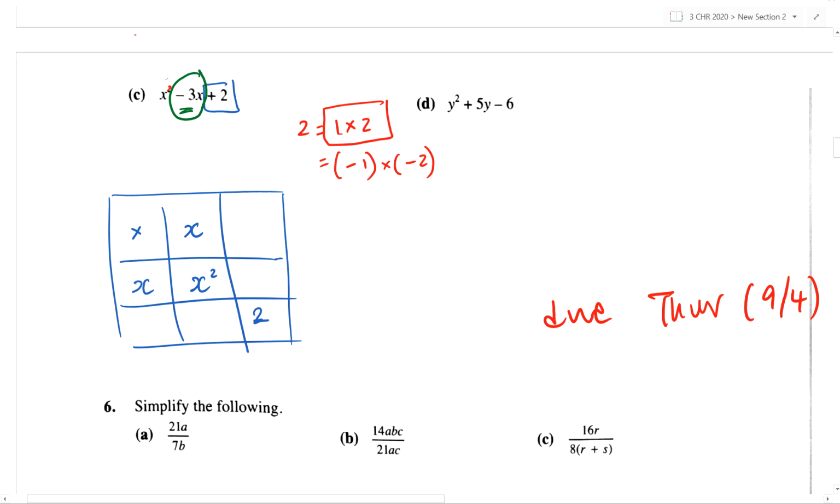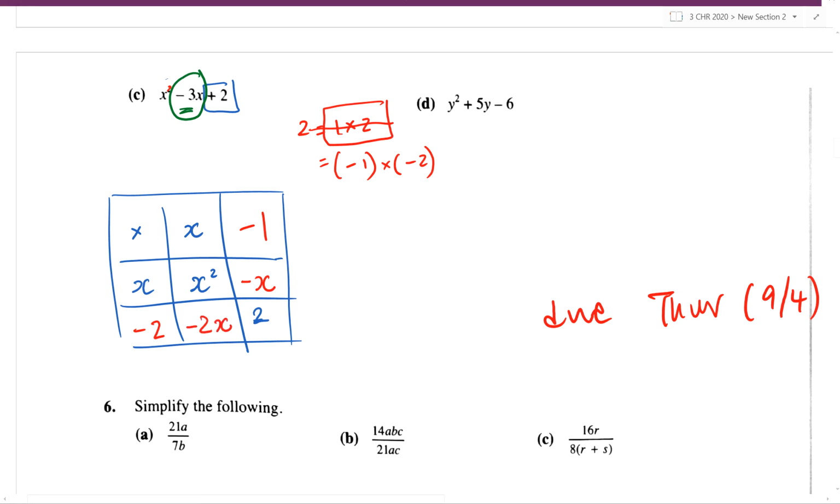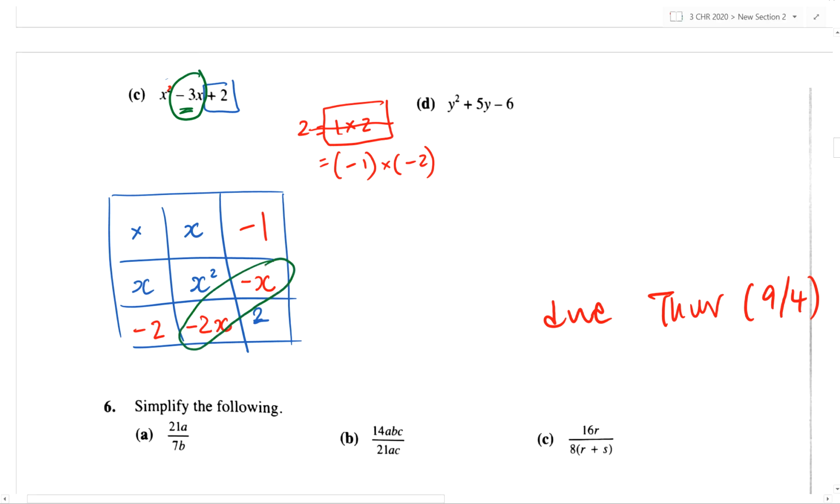Therefore, we have no choice but to choose -1 and -2. So taking -1 times x, we get -x. Taking -2 times x, we get -2x. Let's do the check. -2x minus x does give us -3x.